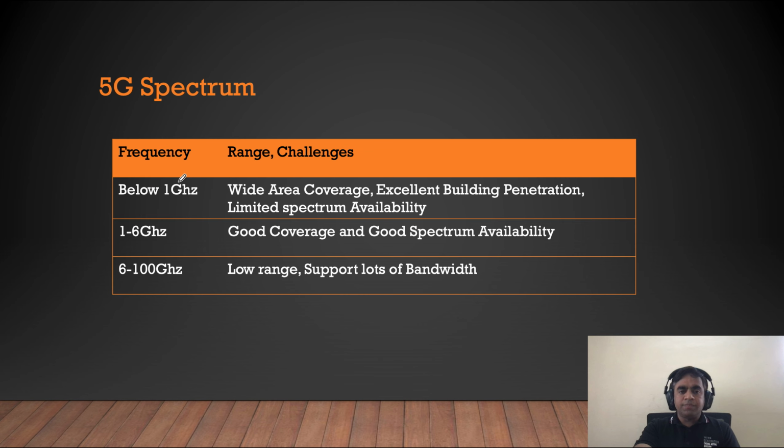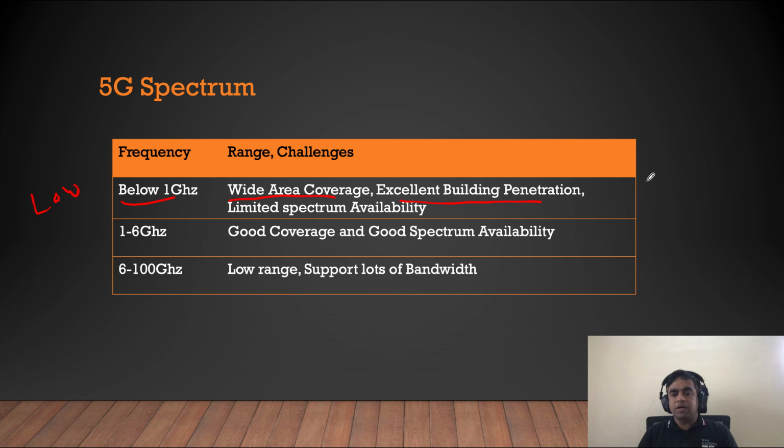So this is the range for the spectrum. Below 1 gigahertz, which we call the low band, as we had seen, has wide area coverage and excellent building penetration, but it is low on the bandwidth side.